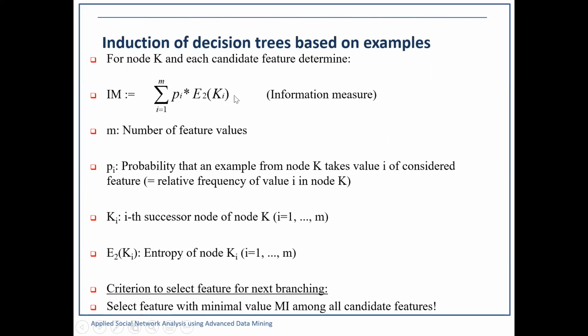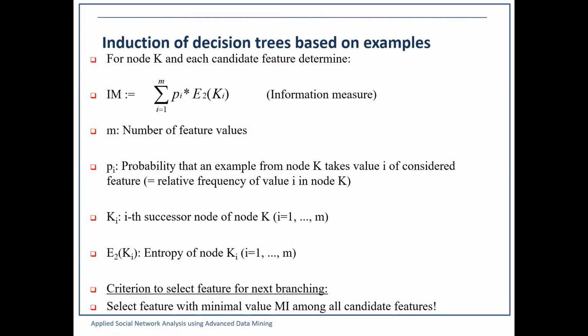So that tells us what's the most important feature. Select in each branch, as we can see here at the bottom of this slide, the feature that minimizes information measure, which is based on entropy.